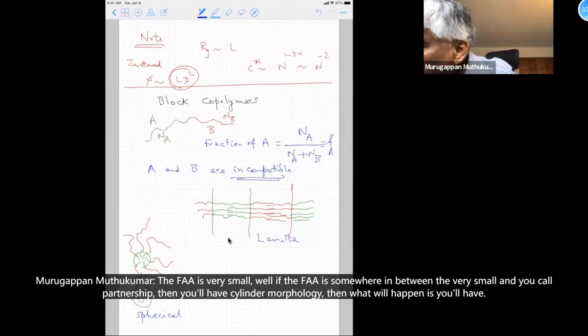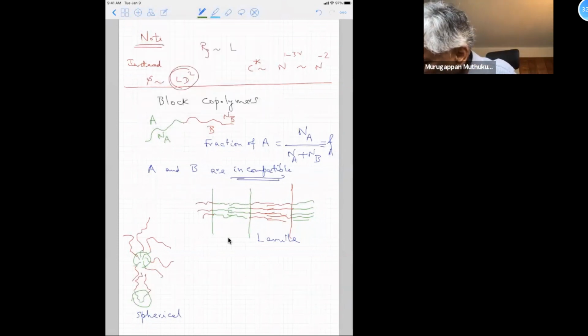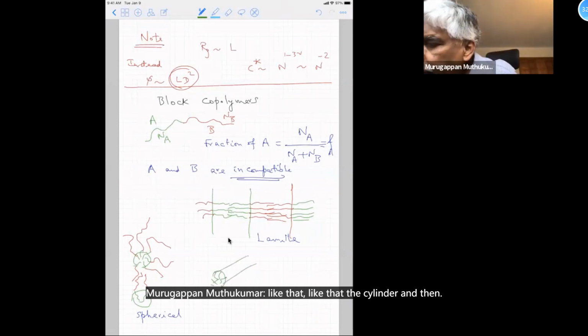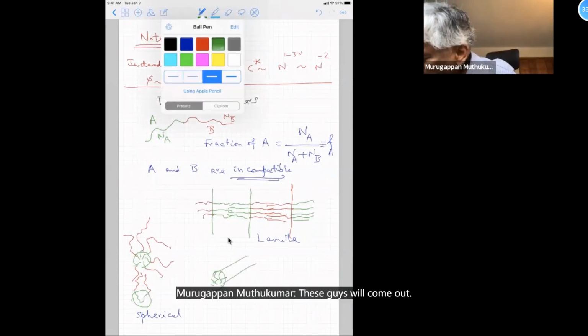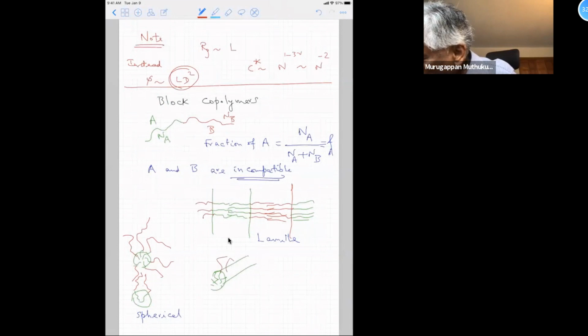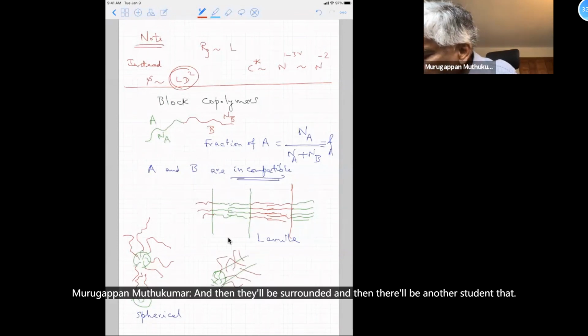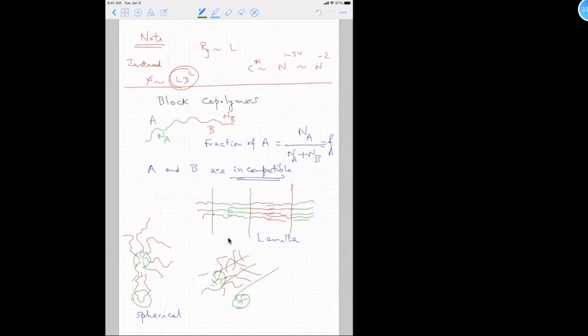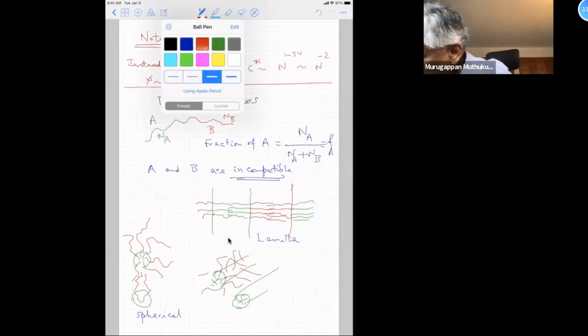Then what we'll have is, there is a cylinder, and then these guys will come out, and then they'll be surrounded, and then there will be another cylinder. Things like that.